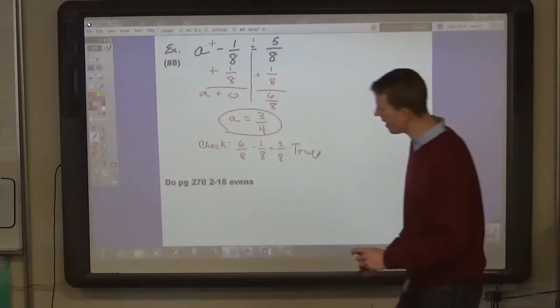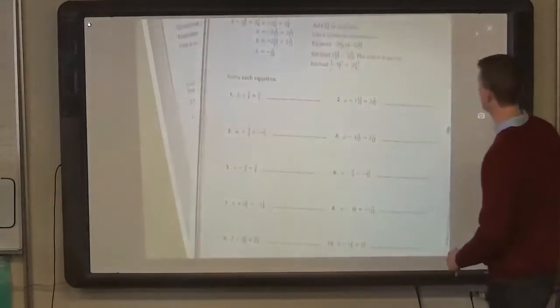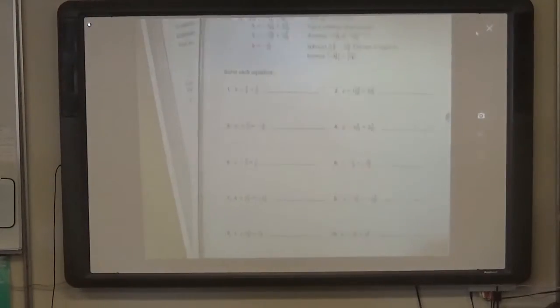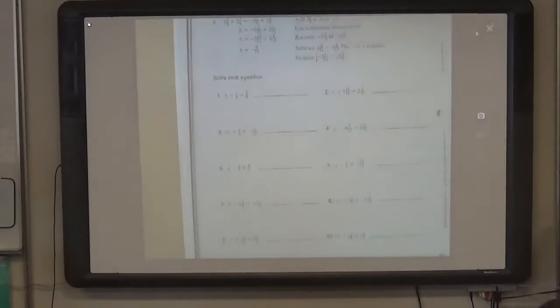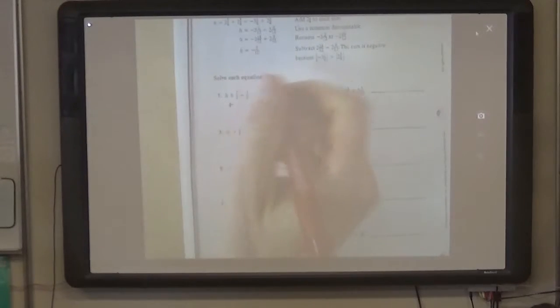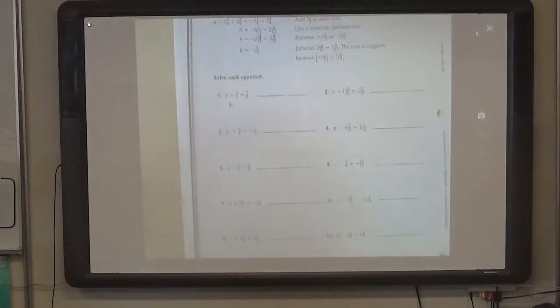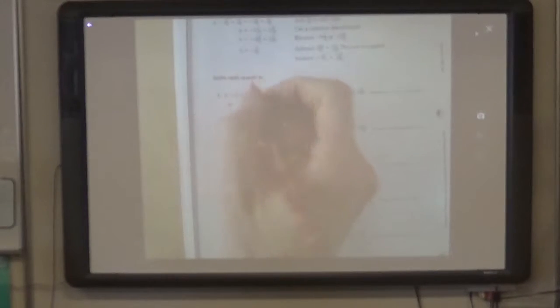All right, take out your assignment. You need to show your work on these. So you may copy them. First, the equation is already written for you, so you could just start filling in the work. On the left side, you have h plus 3/4.